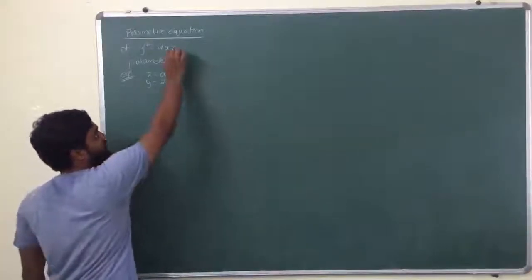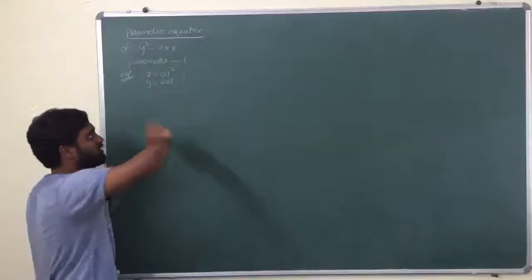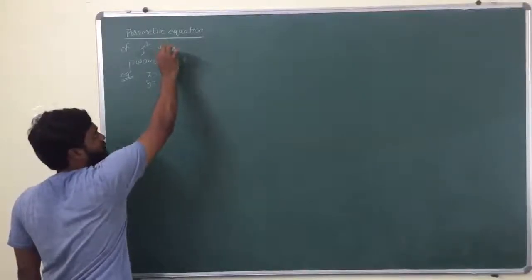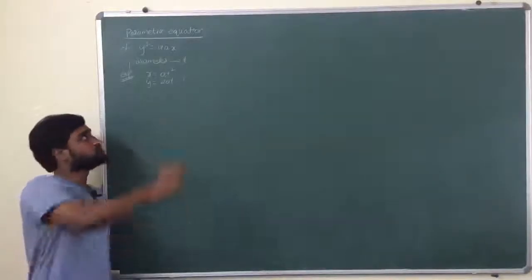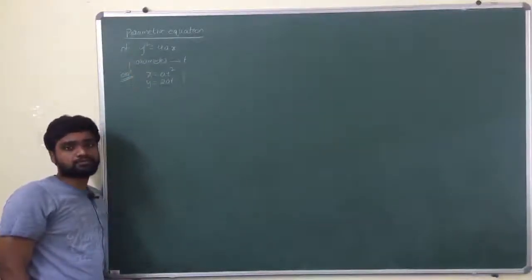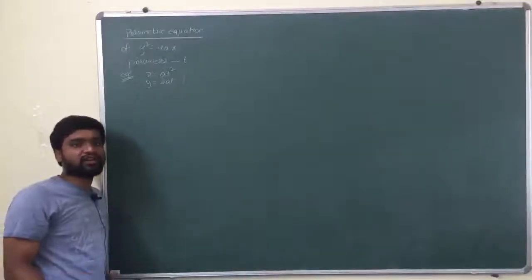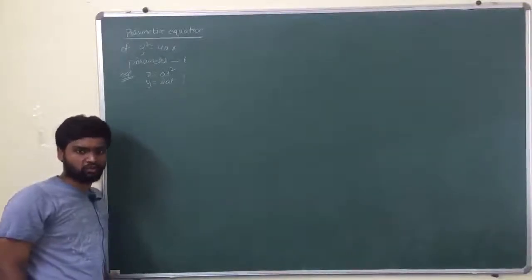Obviously if x is equal to at square, then y square will be 4a square t square. Then y is equal to plus or minus 2at.